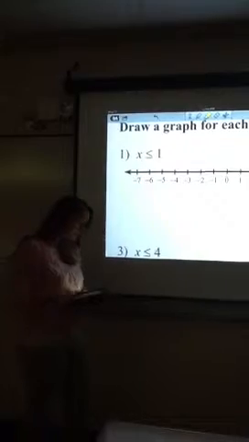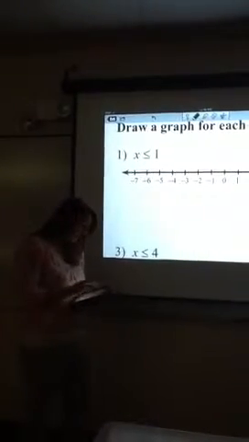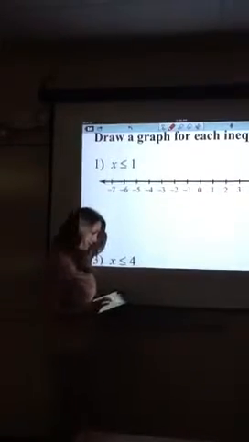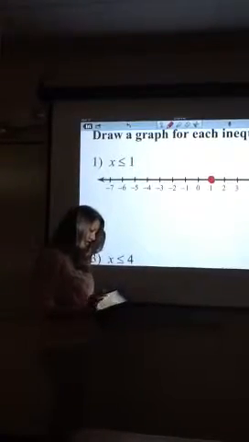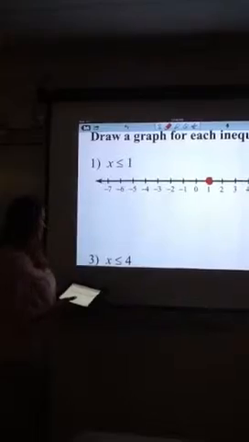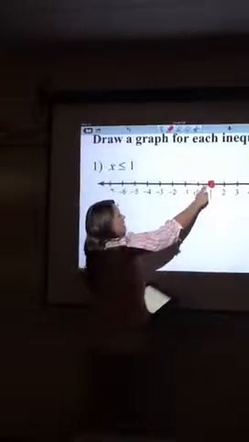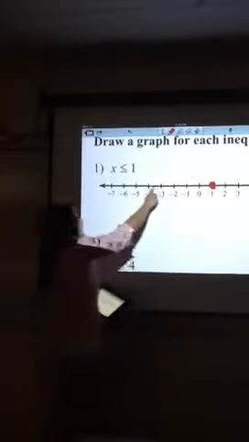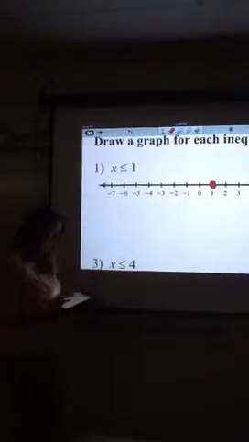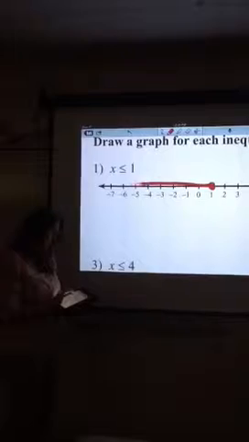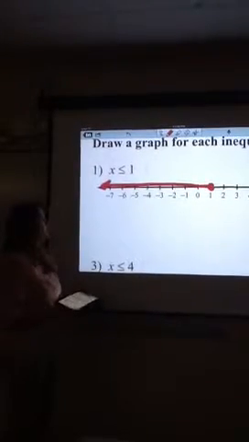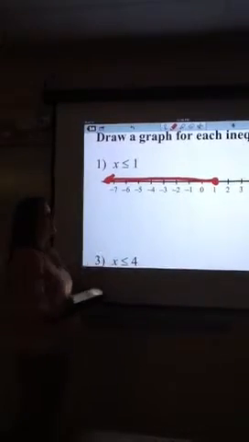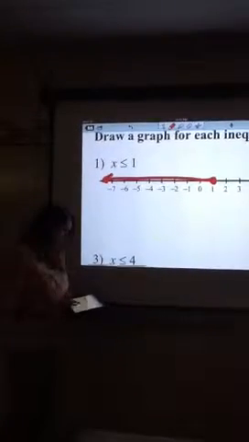So on the number line, I go over to the 1, and I put in a dot. And I show that x is all numbers that are less than or equal to 1. So I'm going to show an arrow pointing to all numbers that are less than 1. Okay? And that is how you graph this inequality. x is less than or equal to 1. Let's do another one.